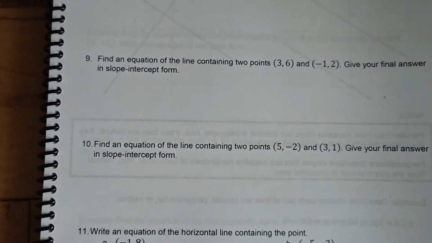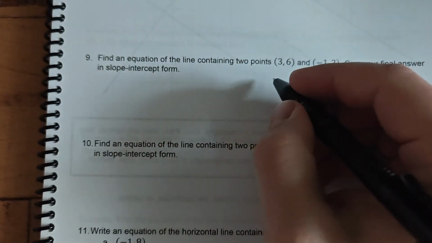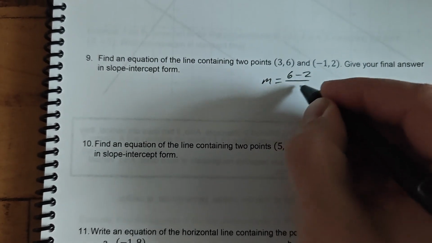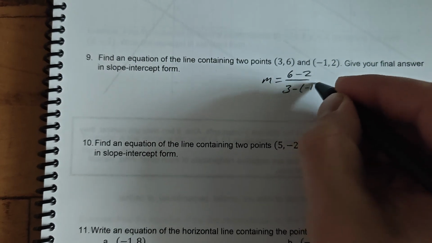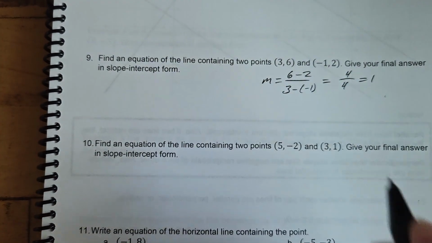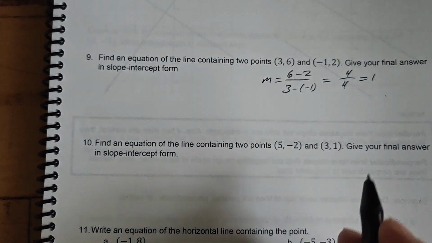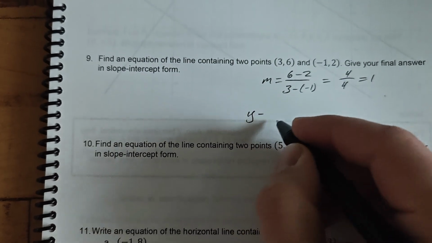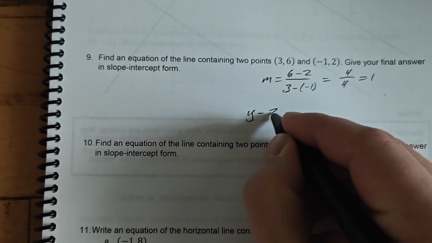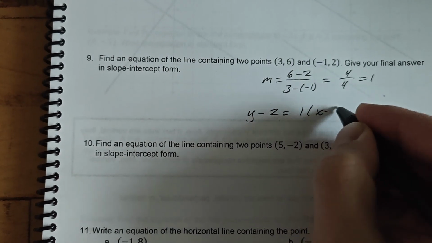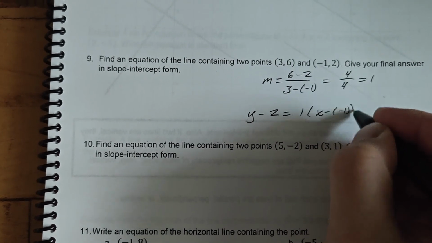Down here, if you're given 2 points, you first have to find the slope, change in y over change in x, 4 over 4, slope of 1. And then plug that and one of the points into the equation, y minus y1 equals slope times x minus x1.